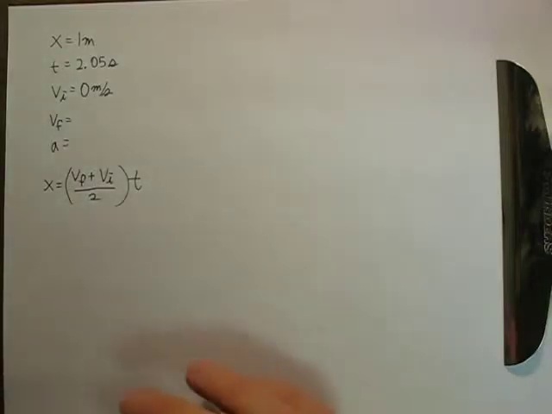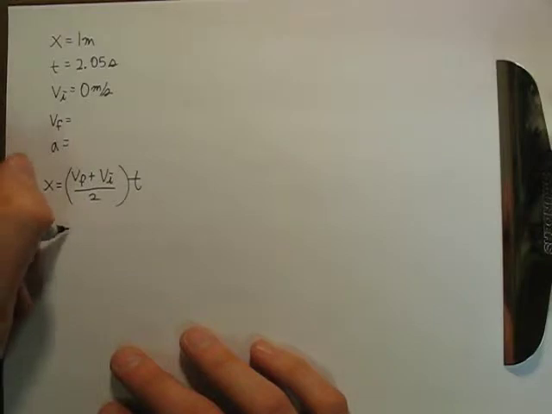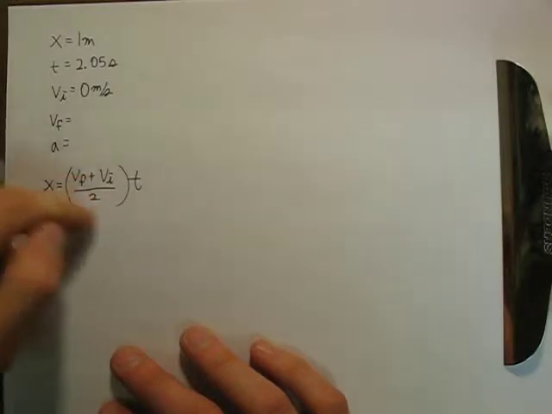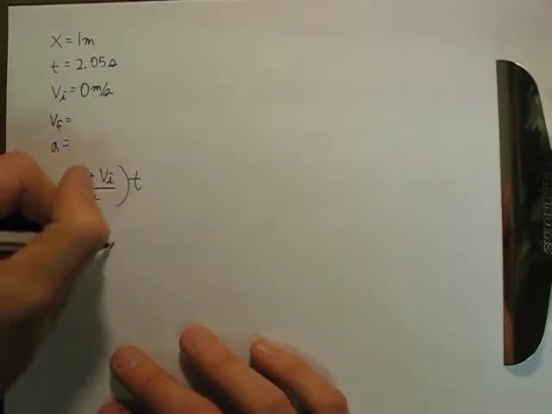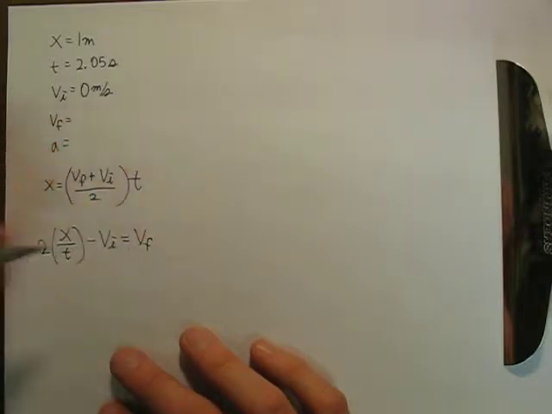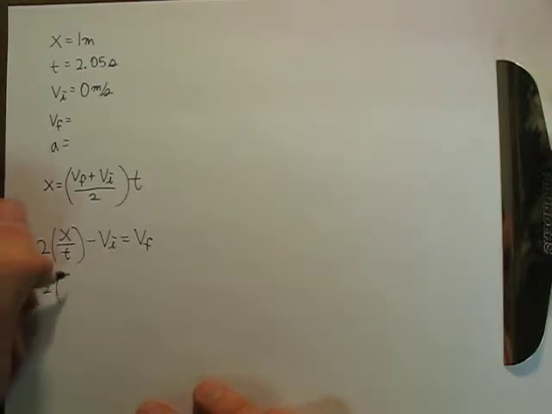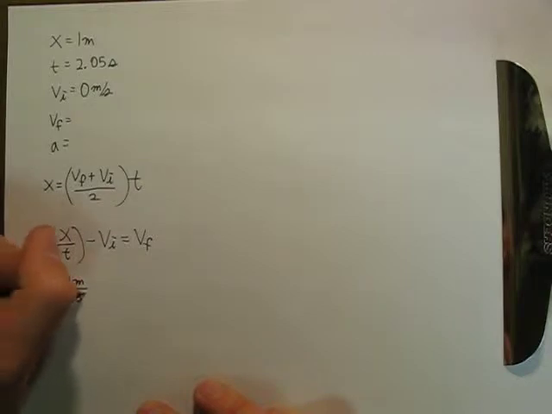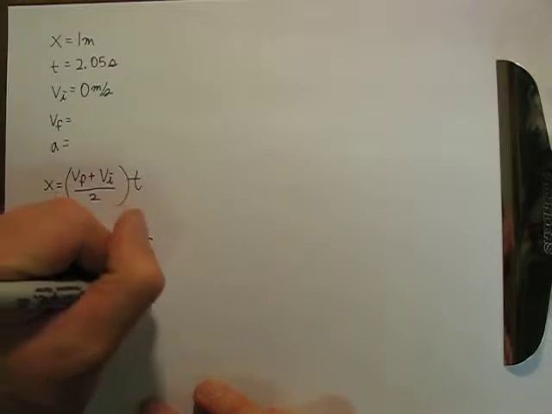What I get for VF is, first, I divide everything by T, so I get X over T. Then I multiply that by 2, and then subtract off VI, and that gives me VF. So I take 2 times 1 meter divided by 2.05 seconds, minus 0 meters per second, which was my initial velocity.